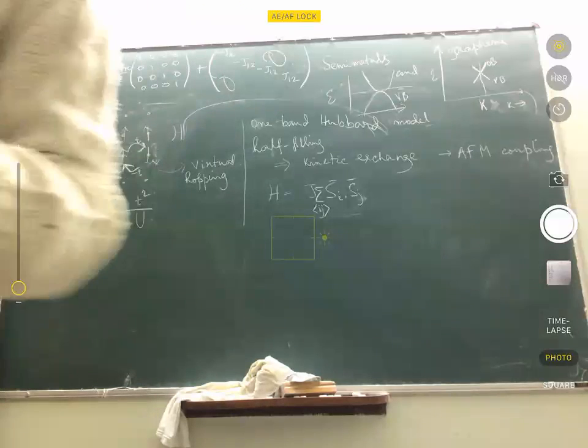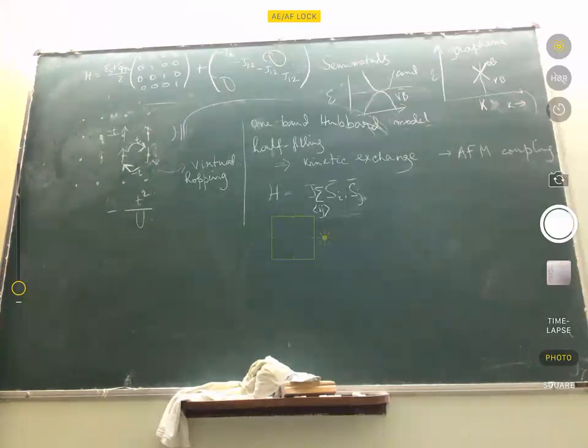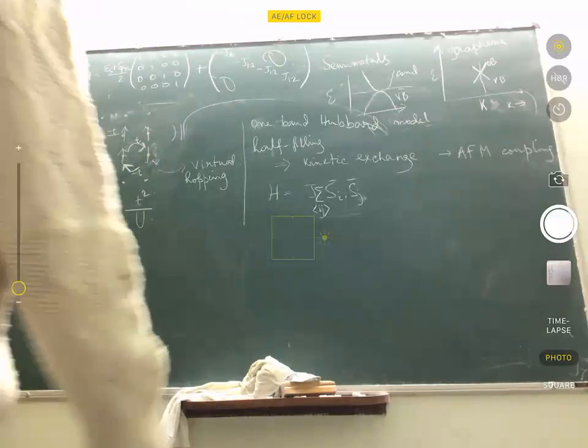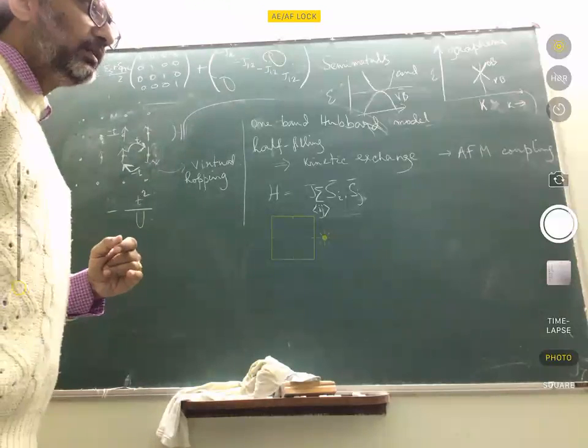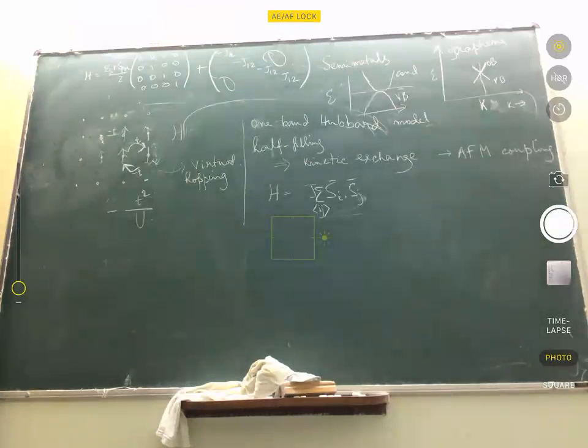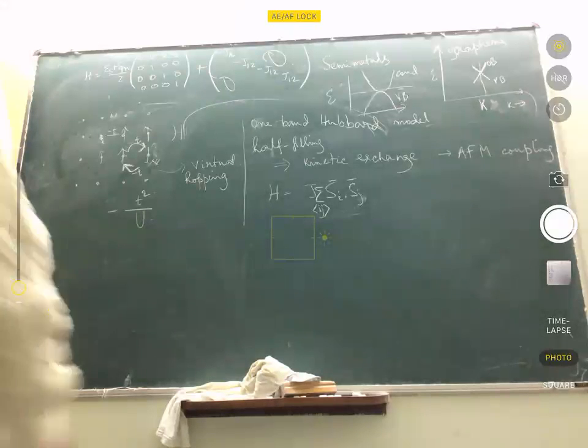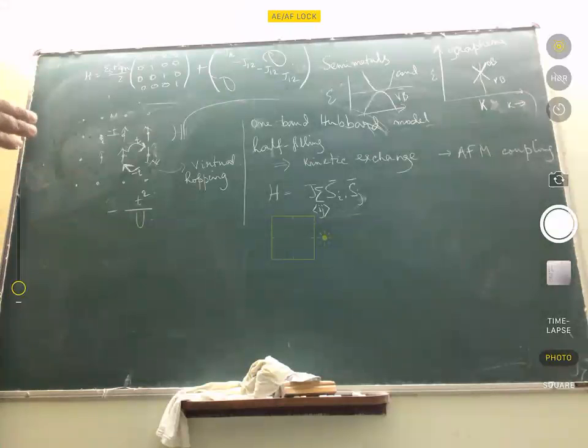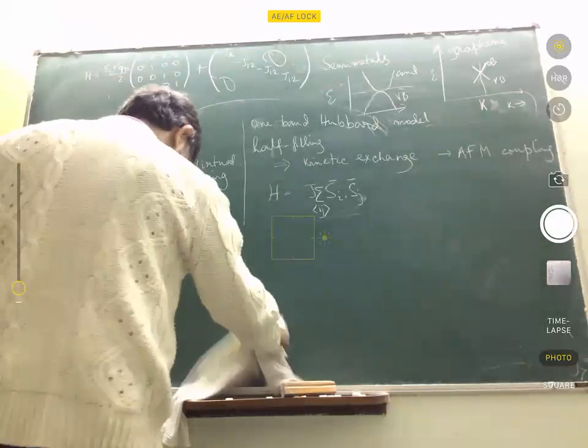And there's a reason why I do that, because in the process we learn about the possibility of some new physics, which is another consequence of electron correlations. So, are you all fine up to this part? Then we'll move on to the next thing.